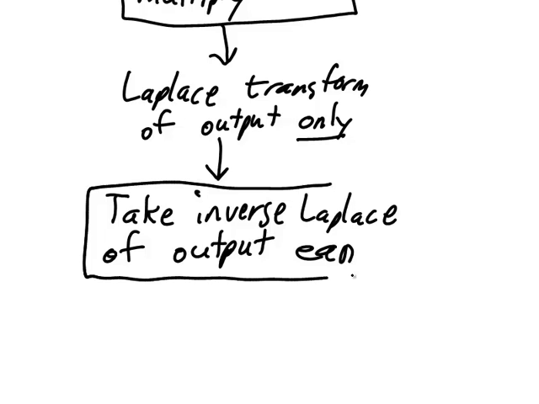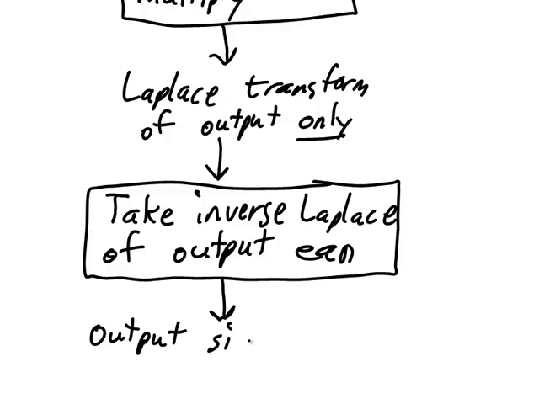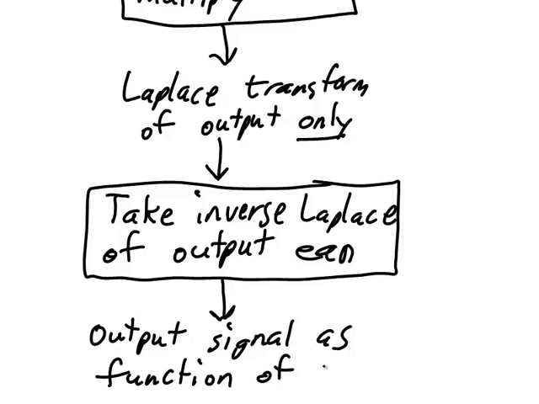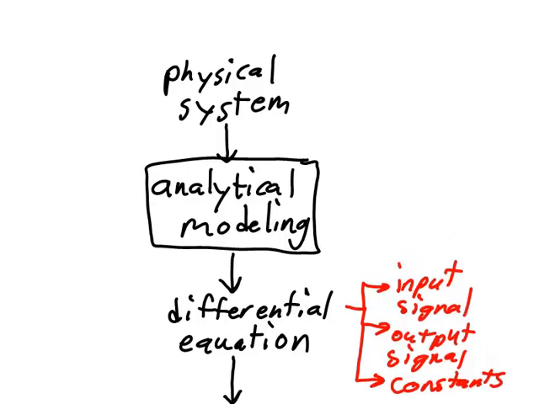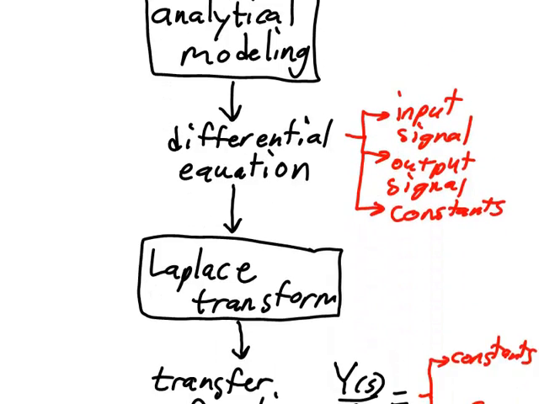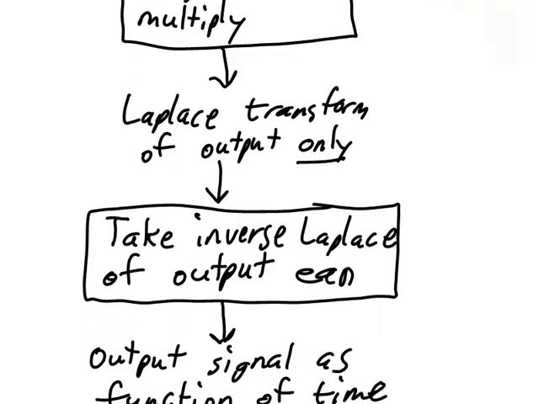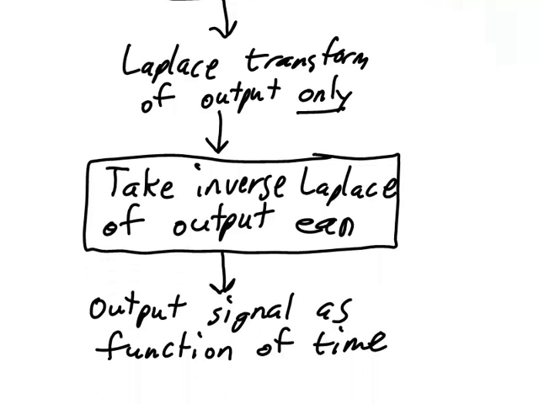And the inverse Laplace converts this, which is a function of s, into the output as a function of time. So now we have a complete process that takes us from a physical system all the way to finding the output signal as a function of time.